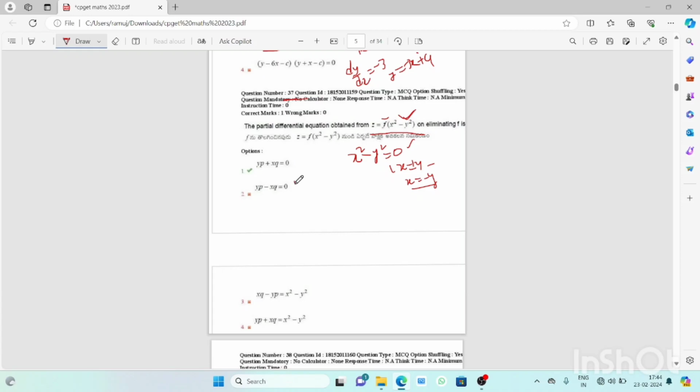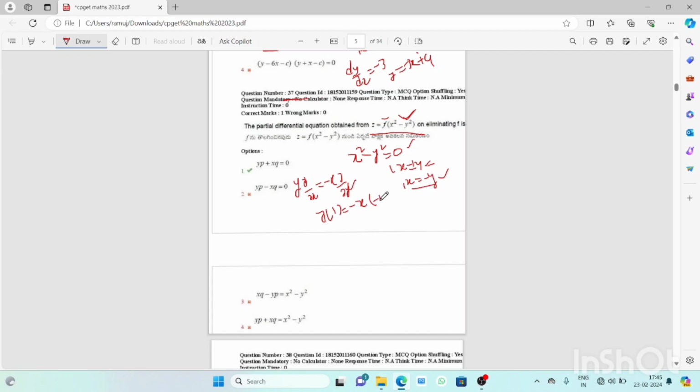So here y into p, where p means dy by dx, we can say is dou by dou x, and is equal to minus x dou by dou y. If you substitute the coefficients, the first condition we get is y into the coefficient of x, which is 1, is equal to x into the coefficient of y, which is minus 1.